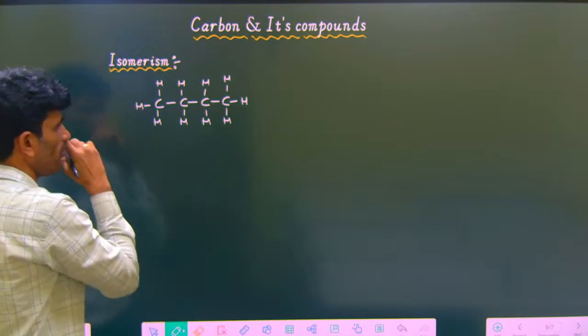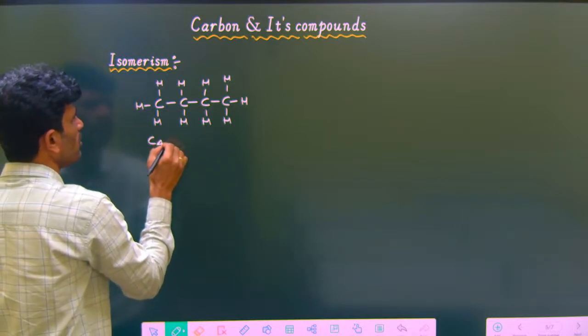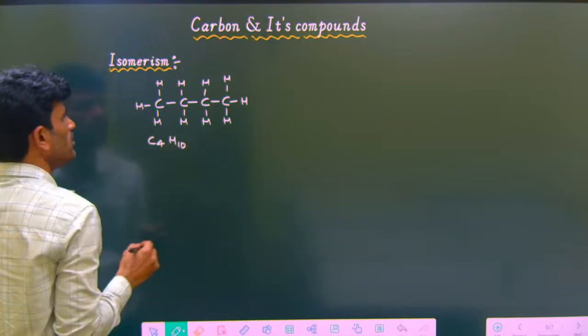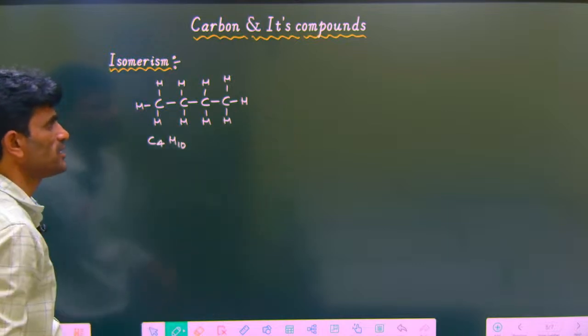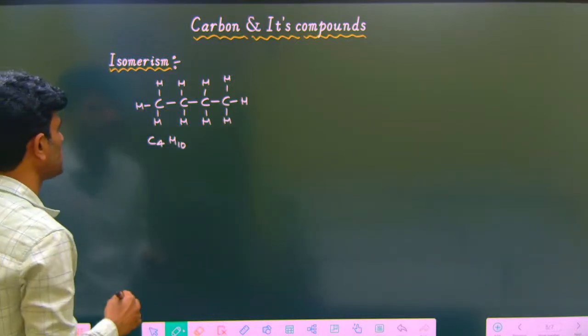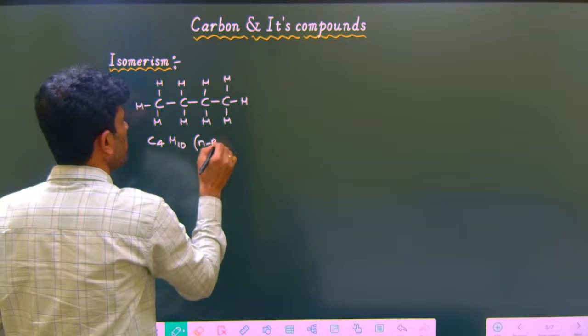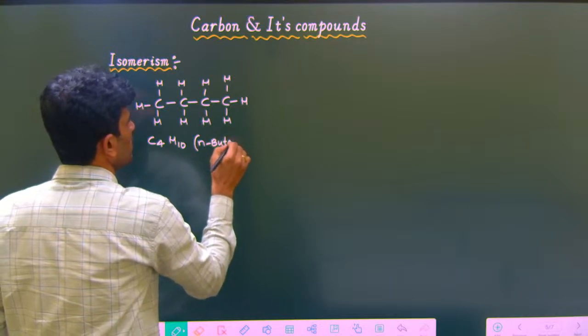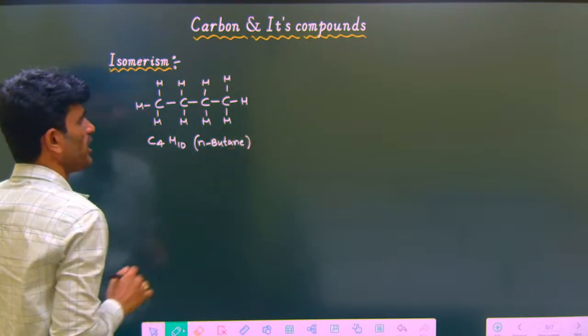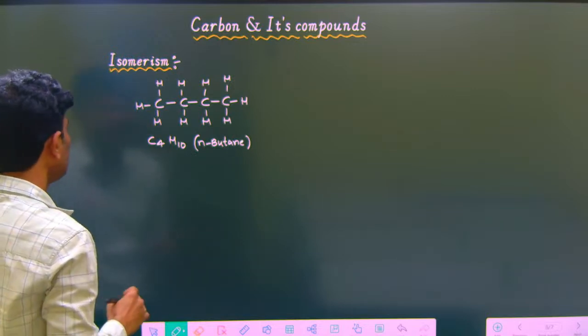What is the molecular formula? C4H10. Because all the carbons are in a straight format, we call it N-butane, or normally butane. And what is another one after this?